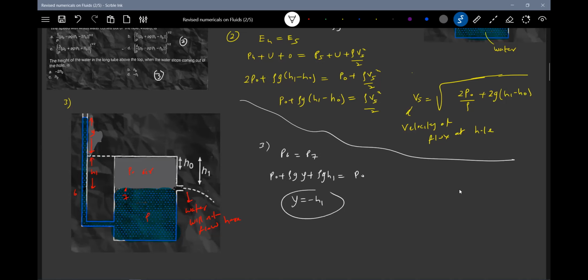What do you mean by y equal to minus H1? Sir, according to Pascal's law, if they both are connected, the water level should be same, no? So that's what I'm writing finally.